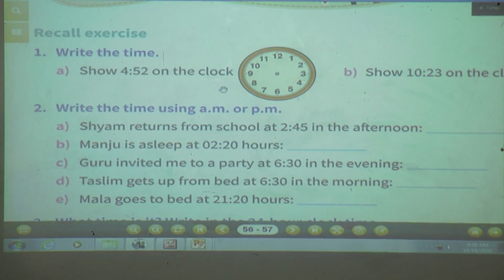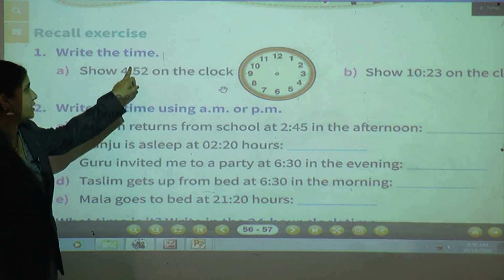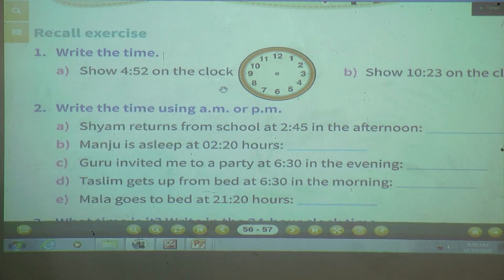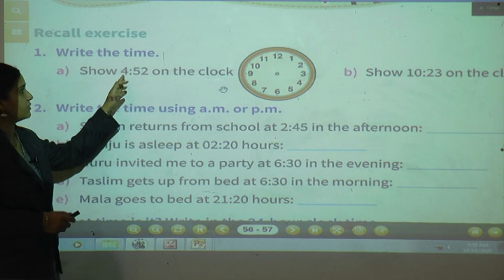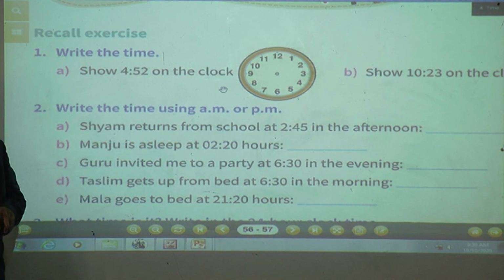Now tell me students. Write the time. Show 4 colon 52 on the clock. This is a colon. That means 4 hours 52 minutes.